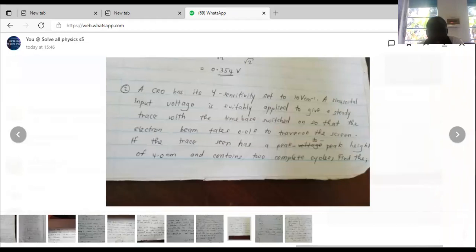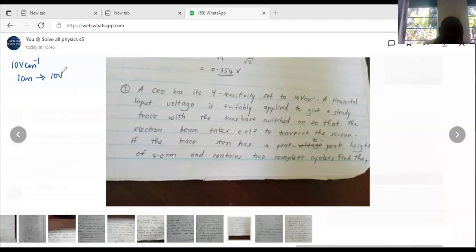The CRO has its sensitivity set to 10 volts per centimeter. If it is 10 volts per centimeter, it means 1 centimeter is equivalent to 10 volts.